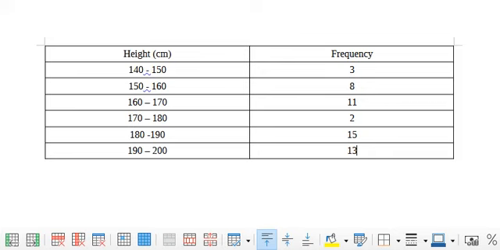Between 140 to 150 there are 3, 160 to 170, 11 candidates, 170 to 180, 2 candidates, 180 to 190, 15 candidates, and 190 to 200, 13 candidates. The right side is my frequency, that is how many candidates fall in that group or class of height, and heights are in centimeters.